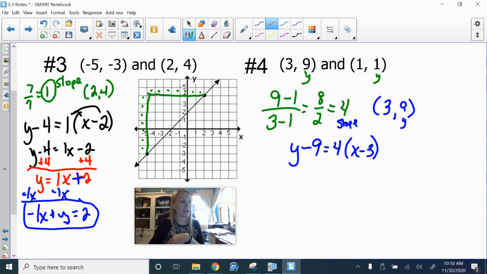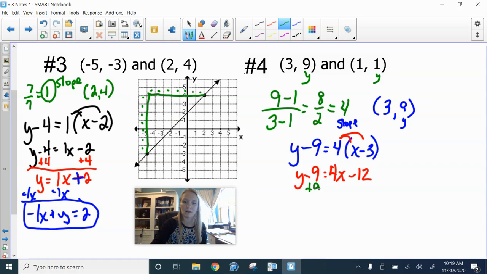So our goal, let's get y by itself and then bring the x on over. Okay, so it's kind of two big steps here. So first thing to get y by itself, we have to actually distribute that 4. So I have 4x minus 4 times 3 gives me 12. And then I got to bring the 9 over.